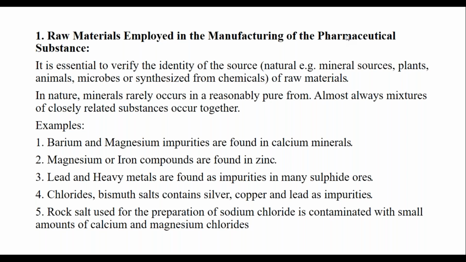So the same way you can see the fifth example, rock salt used for the preparation of sodium chloride is contaminated with small amounts of calcium and magnesium chlorides. Okay, so your product here is sodium chloride. You want it to be as pure as possible, but it is bound to contain a little bit of impurities, and you will know the nature of the impurities which will be present based on what is the raw material that you are using.